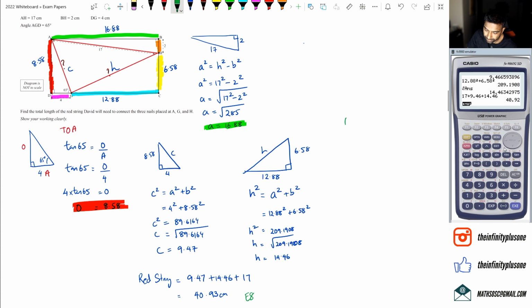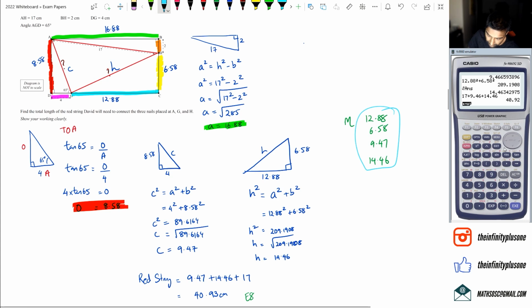For a merit, if you get 12.88, 6.58, 9.47, or 14.46, these are all your merit ones. You only need to get 2 of those things with working for merit.